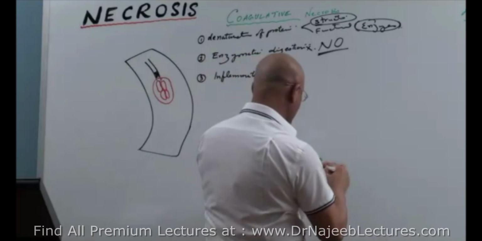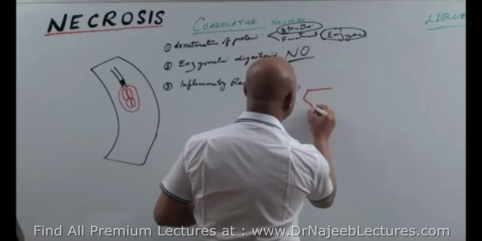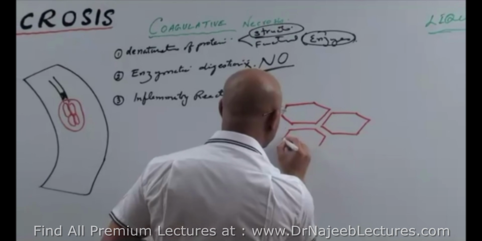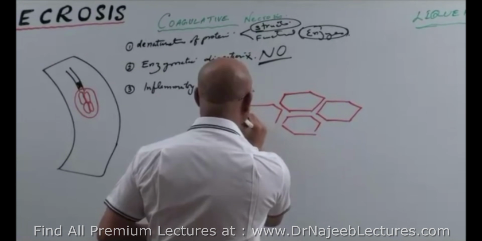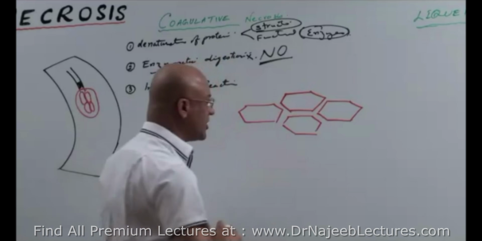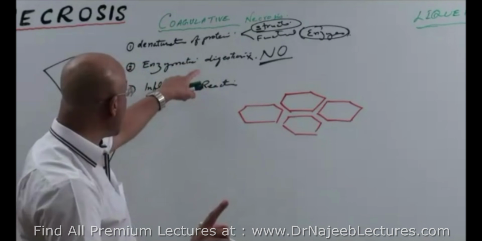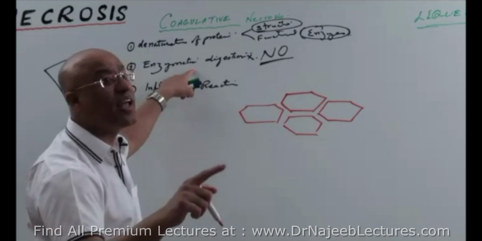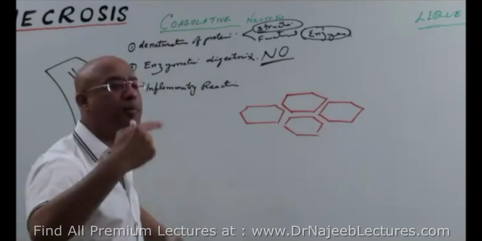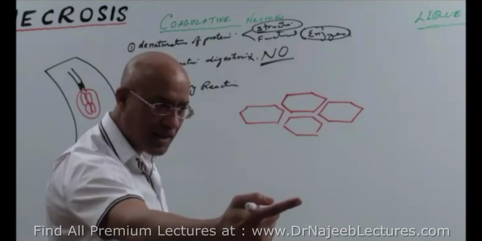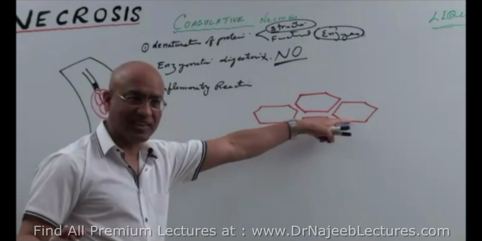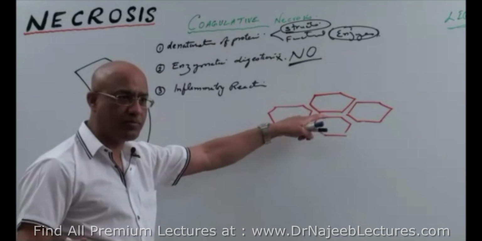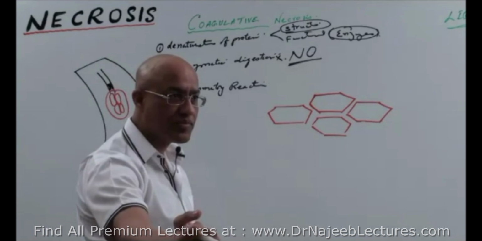Now look here, this is a group of cells, and these cells will be undergoing changes, but enzymatic digestion or proteolysis is arrested, as the enzymes are denatured, or digestion is delayed until the leukocytes come and bring their enzymes. So it means there is no autolysis. Their own lysosomal enzymes, peroxisomes and other degradation systems are frozen themselves. Then what will happen?